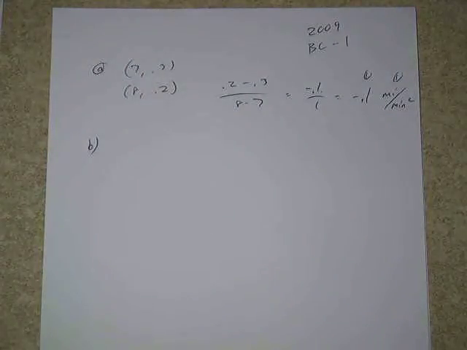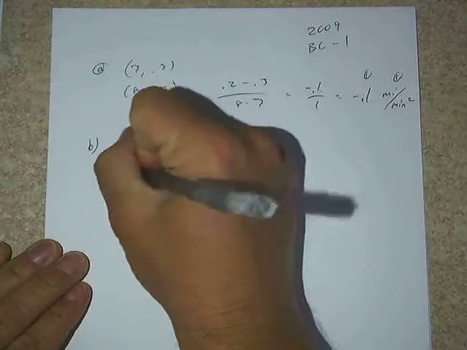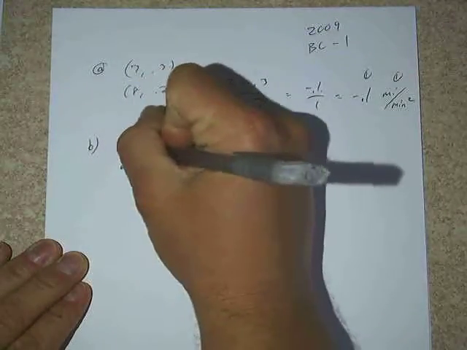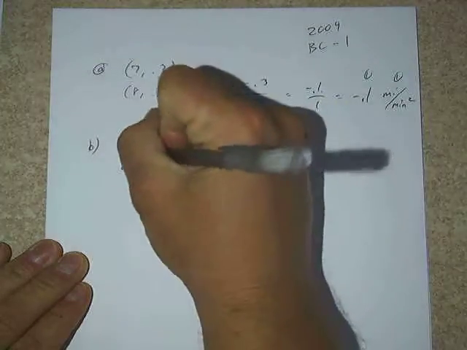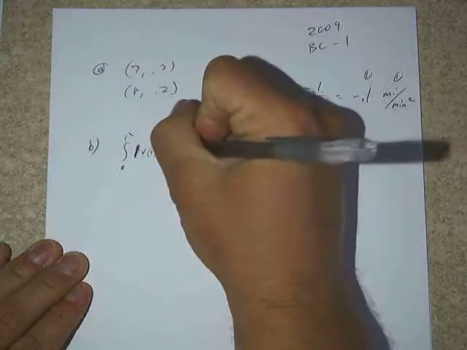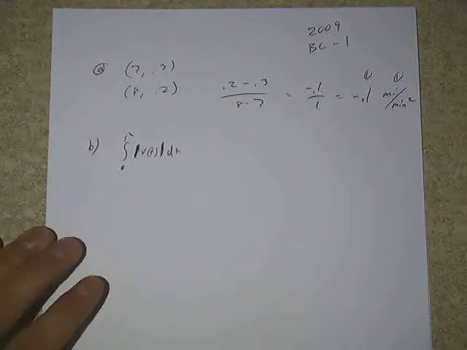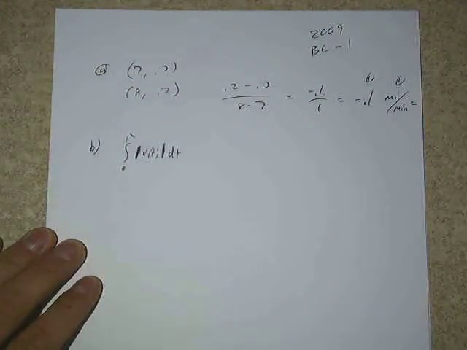Okay, part B. Says using correct units, explain the meaning of the integral from 0 to 12 of the absolute value of v of t dt. So if we had the absolute value of v of t dt, what would be the meaning of that using correct units?